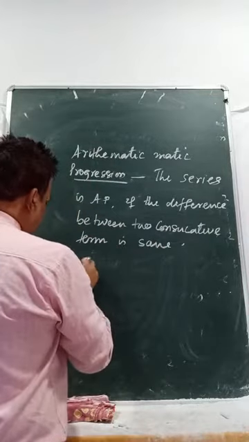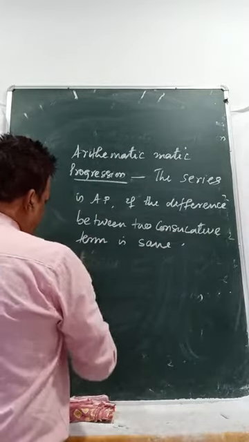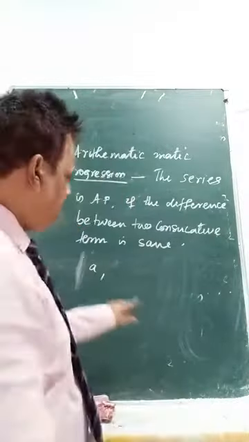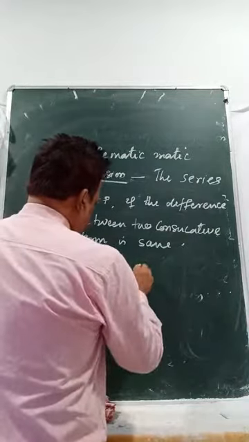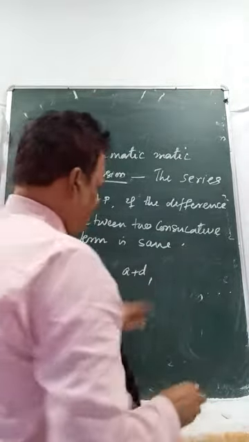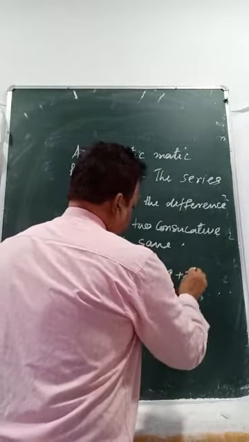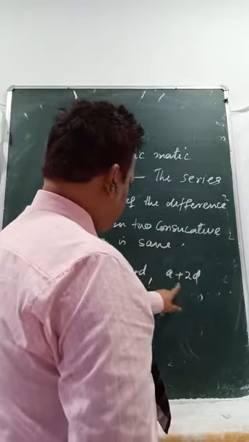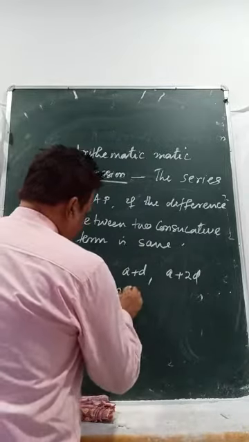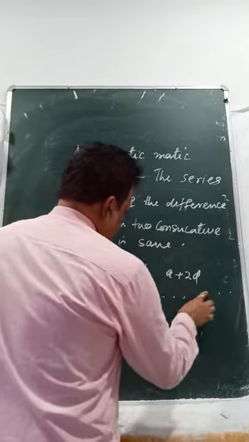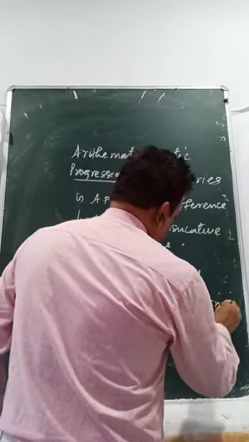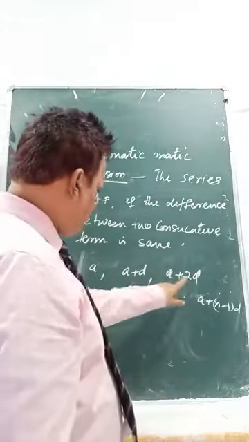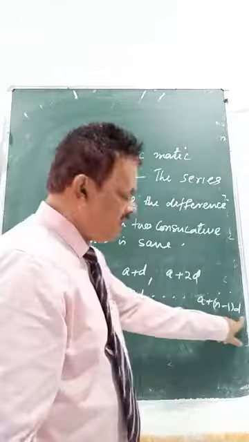See, you can see your example. First term is A. Second term is A plus D. Third term is A plus 2D. Difference is same now. A plus 3D. Like this, A plus n minus 1 into D. This is first term, second term, third term, fourth term, fifth term. This is nth term.